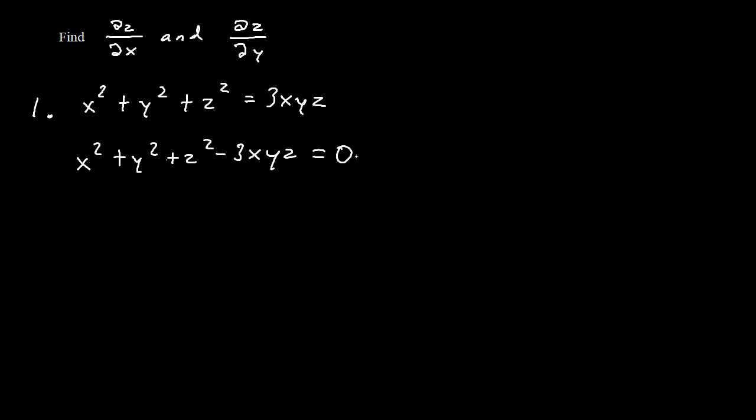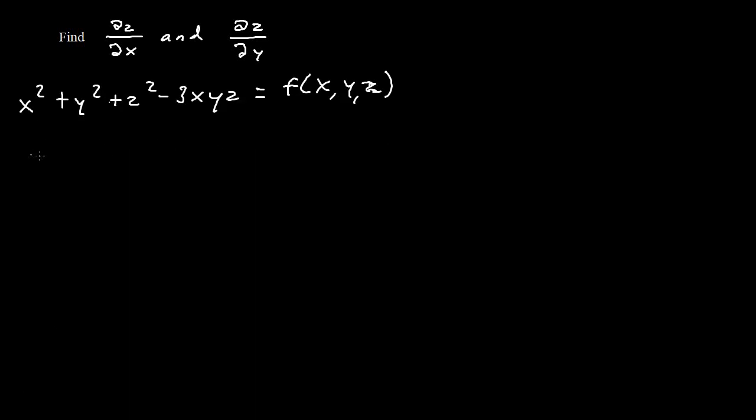Then I can set it equal to the multivariable function f of x, y, z, since we have 3 separate input variables here. Once again, the formula for the partial derivative of z with respect to x is negative f sub x over f sub z.